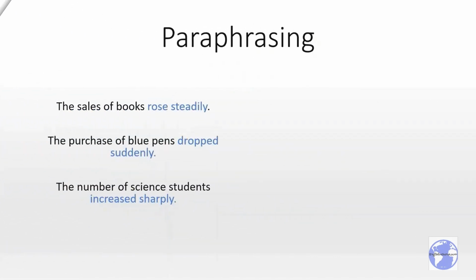So it's important to paraphrase because you don't want to use the same words as in the title of the IELTS graph, right? So for example, instead of saying the sales of books rose steadily, well, you could say there was a steady rise in book sales. So rose steadily, the verb and adverb, now becomes an adjective and a noun.